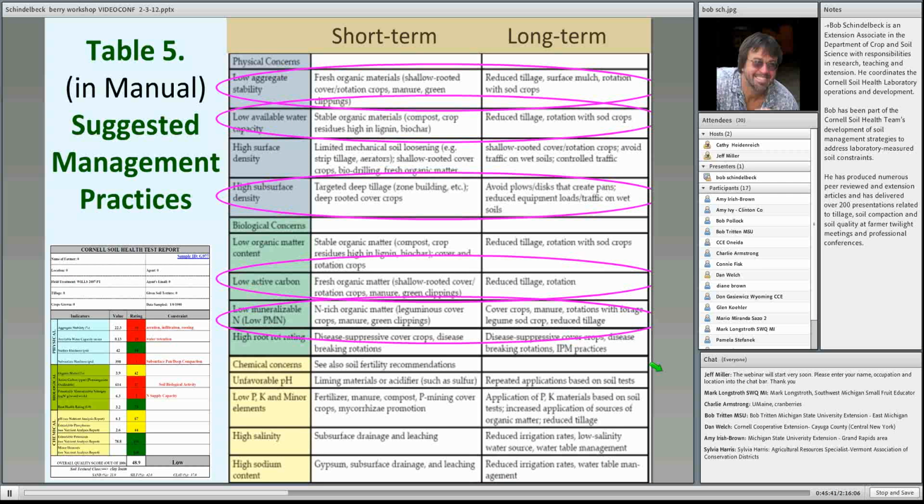Right. So in our soil health manual, we've got table 5 here on page 57. If anyone has the manual, it lists short-term and long-term management strategies to deal with, for example, limitations identified in the soil health report.